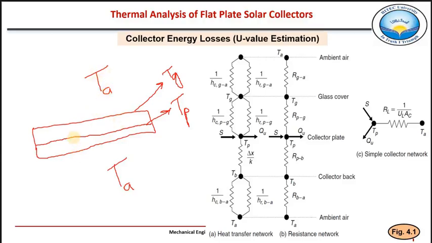So in this basic energy balance, we want to find out this U from every side: U from the top side, U from the bottom side, and U from the two sides. So that is the heat loss from the top, represented by UT, from the bottom represented by UB, and from the sides represented by US.